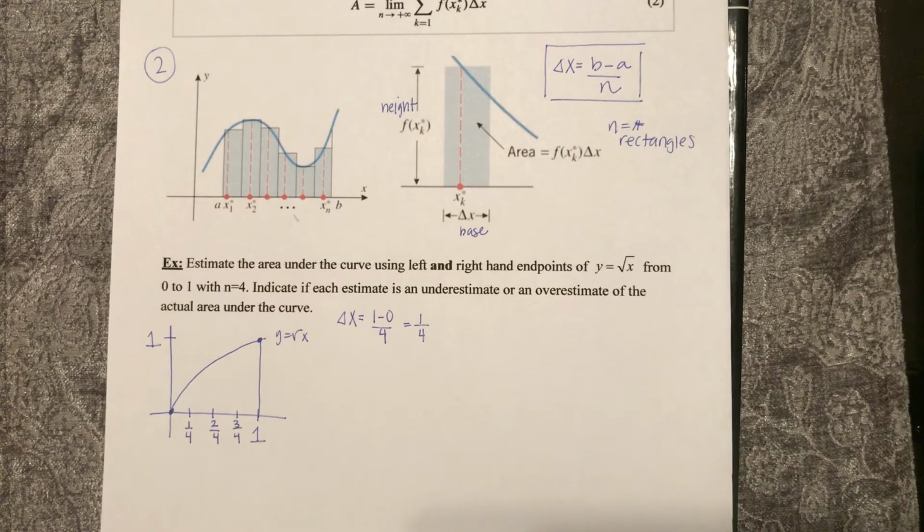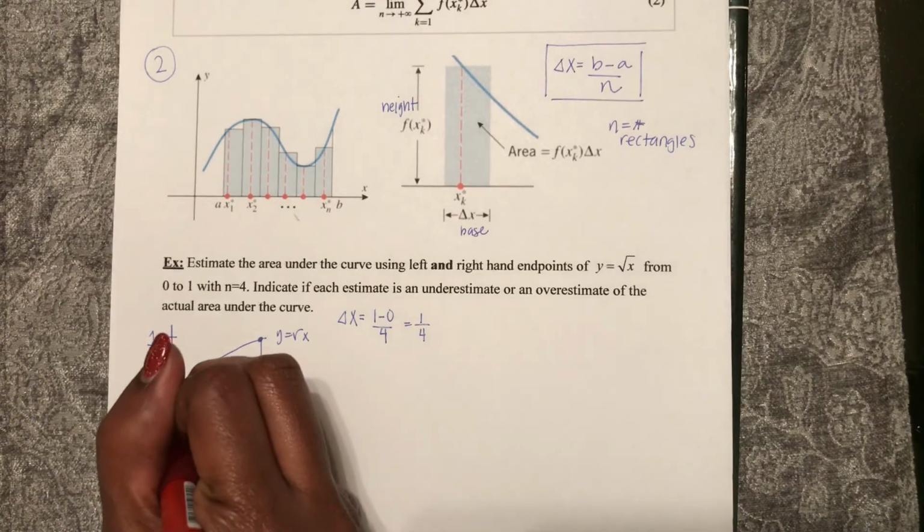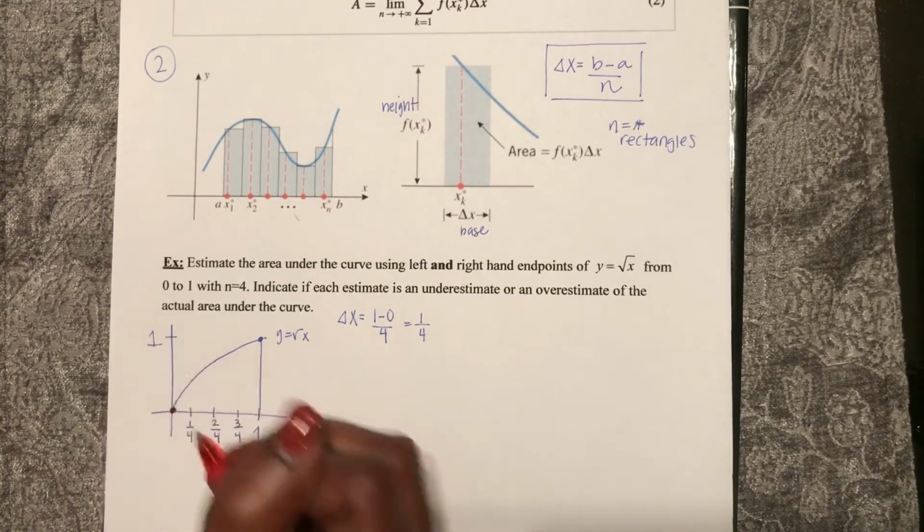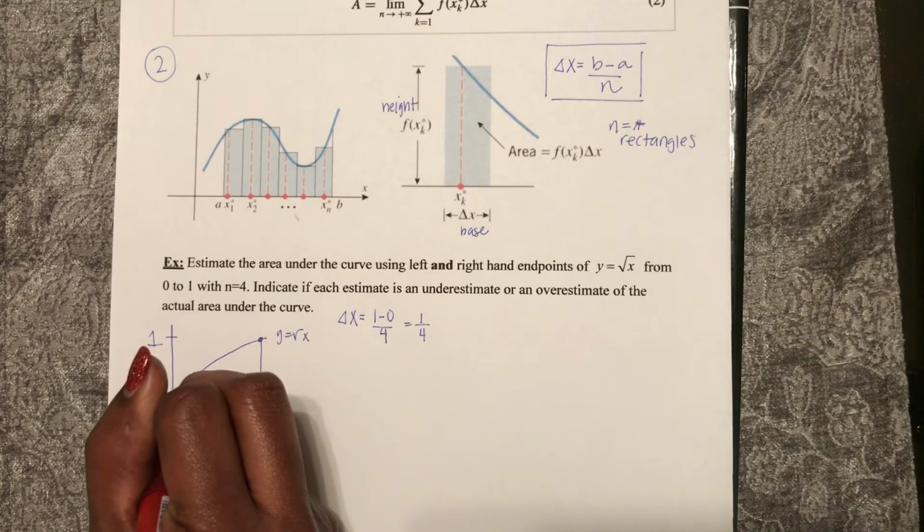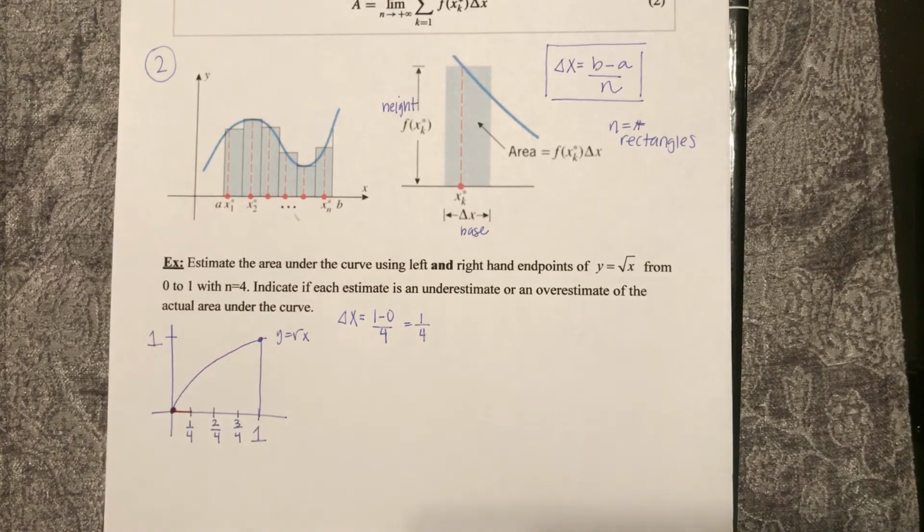So that is going to help me decide where my left endpoint might be and where my right endpoint might be. If we're trying to use left-hand endpoints, first let's sketch quickly what that will look like. Starting on the left, my first left endpoint is 0, and the height of that rectangle would be 0, right?